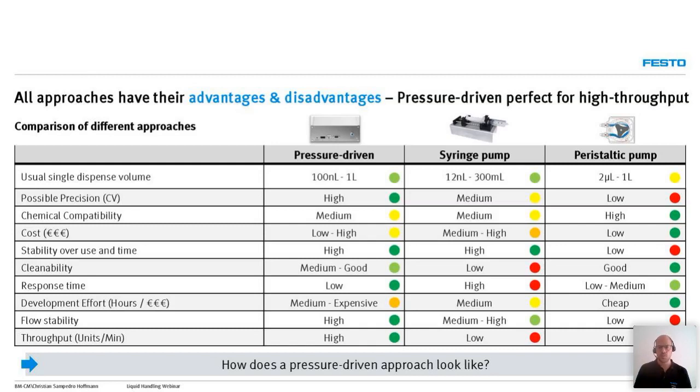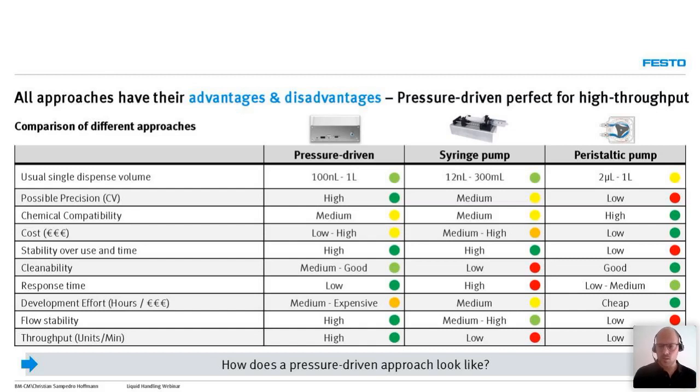We want to concentrate on the pressure-driven dispensing, aspirating or pipetting approach. We also call it pressure over liquid. To give you the 2 or 3 highlights, what are the big benefits here? When you want to have a high throughput and really nice CV values, this approach could be the key approach for you.